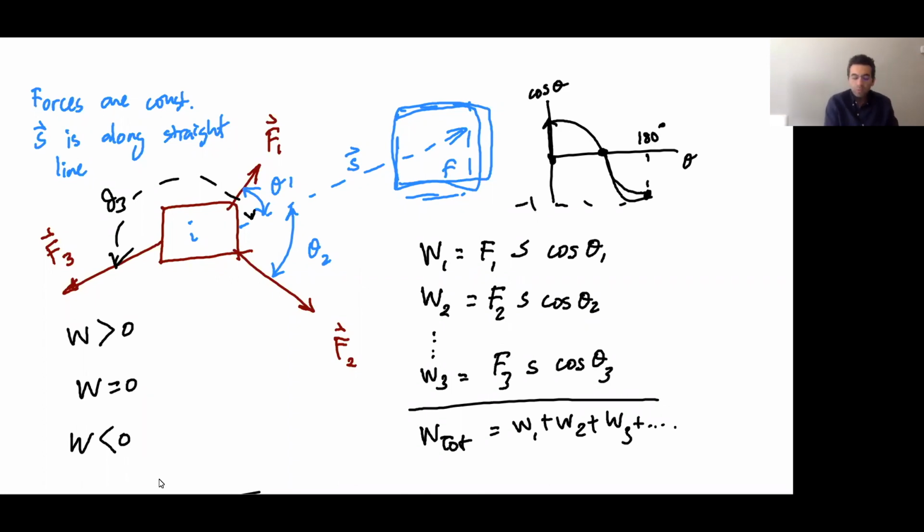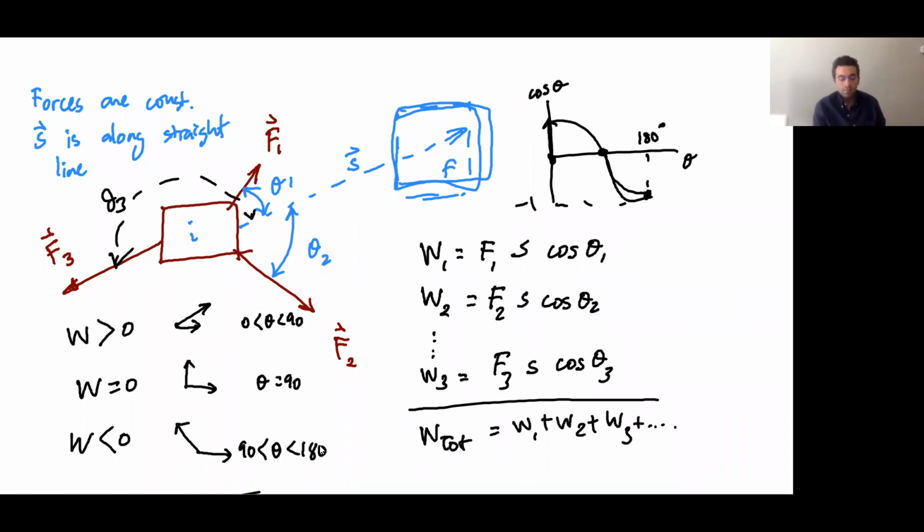So the work is positive if the force and the displacement make an acute angle like this. The work is 0 if the force and the displacement are exactly 90 degrees from each other. The work is negative if the force and the displacement make an obtuse angle like that. So if theta is less than 90, then the work would be positive.